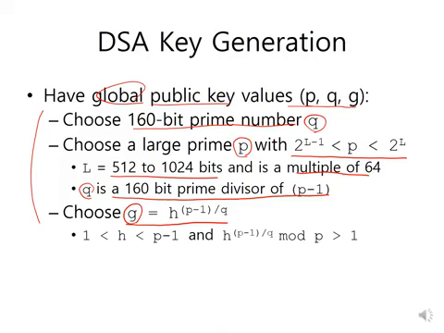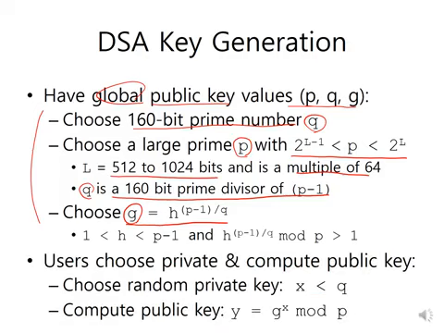And then each user sets up their own private key and public key. At first, let's suppose each user chooses a random private key X, which is less than Q, and then computes the public key as Y equals G to the X mod P. X and Y will be the private key and the public key of each user, respectively.